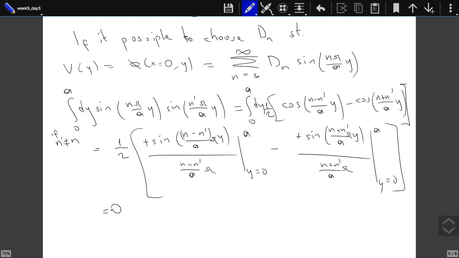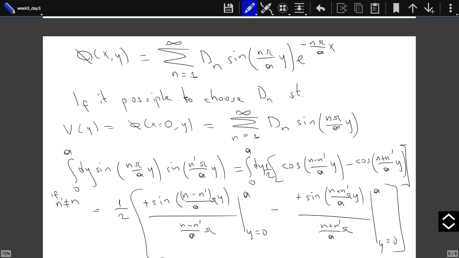Now, the only thing that remains is what happens if n is equal to n prime. I can still do the same thing. This product of the sines is equal to this one. The integral of this one will be 0. It will be the same. n is equal to n prime. This is just cosine 0. Cosine of 0 is 1. So the integral of 1 from 0 to a is a.